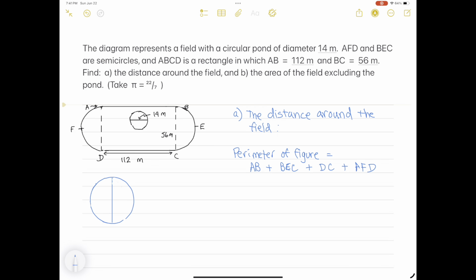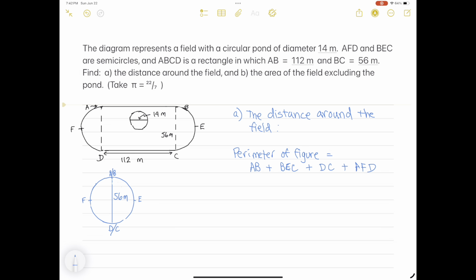So I will draw that circle on the side and label the two semicircles as AFD and BEC. A and B share the same point on the circle, as do D and C. And from the figure it is given that the segment BC is 56 meters.